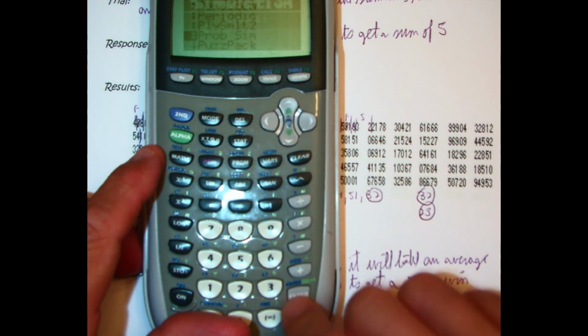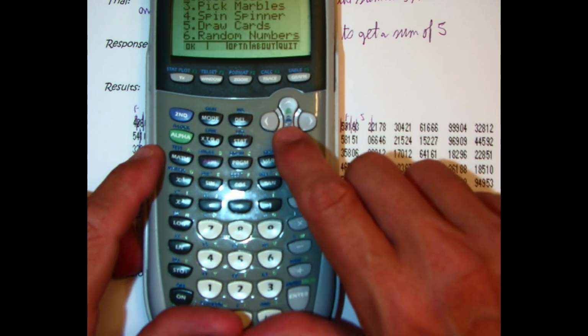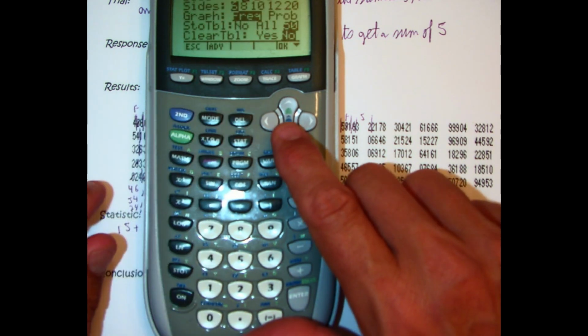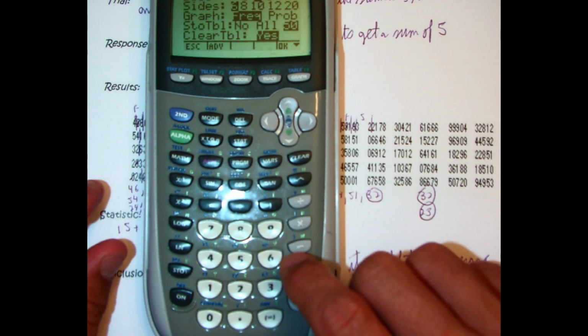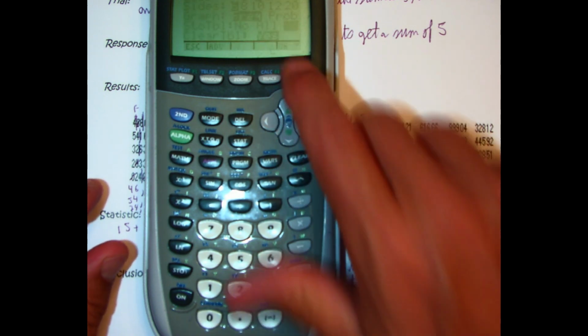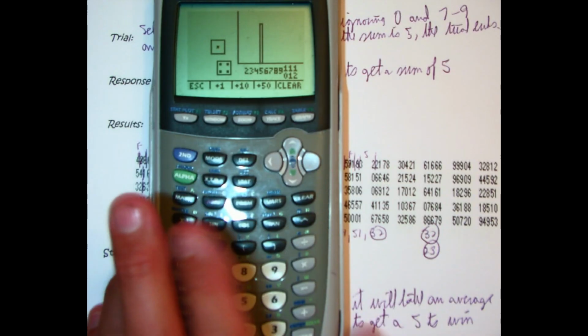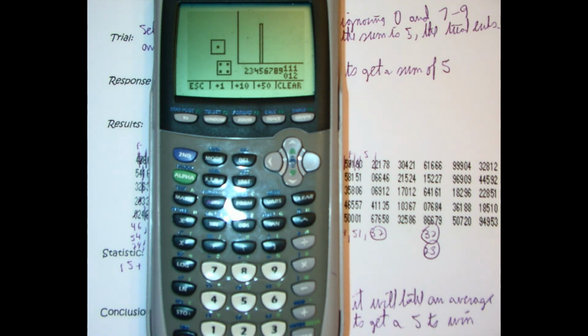If I was to do this and then roll a dice, so we're going to roll 2 dice, again, look at that, we got a 5 on the first roll, so we won on the first one. My point is, we would do this like 1,000 times.